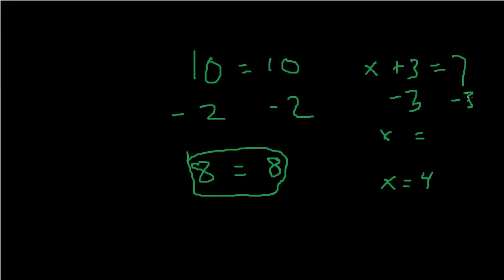And that is equal to 7 minus 3, which is 4. And I get the statement x equals 4, which is what I wanted. We see here that as long as we add or subtract something to both sides of the equation, we will still get something true. And in that case, it will help us to solve for that unknown variable.